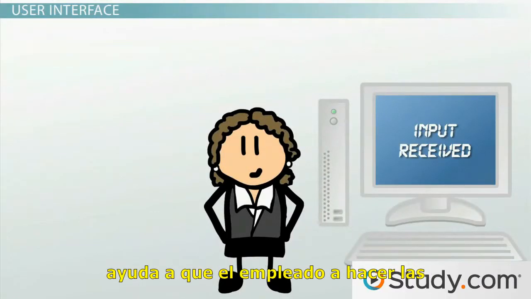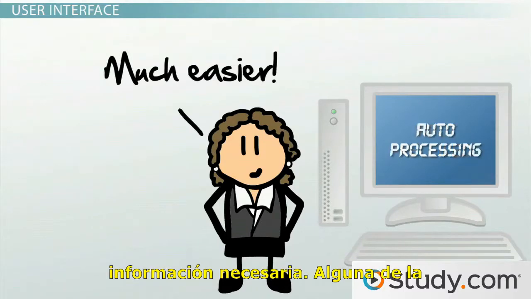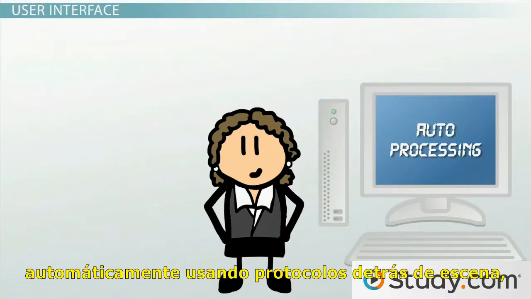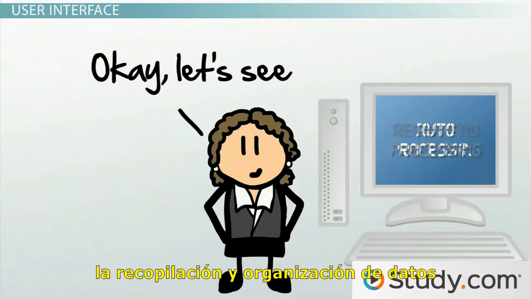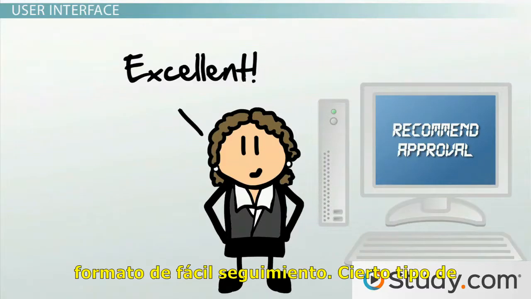The user interface helps the employee ask the right questions and collect all the necessary information. Some of the necessary information is also collected automatically using behind-the-scenes protocols. The user interface structures the collection and organization of data and also reports the results in an easy-to-follow format.